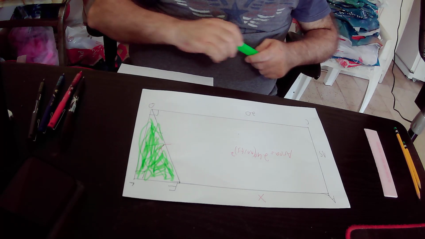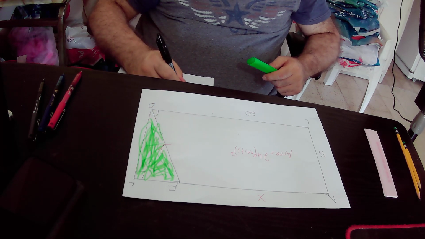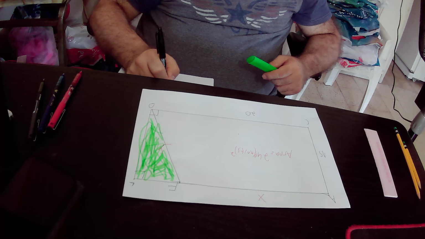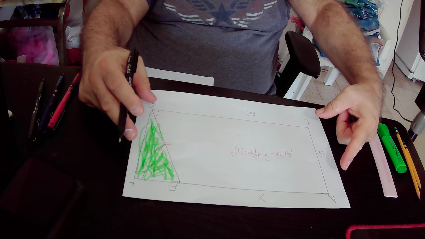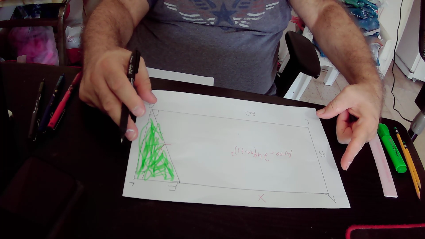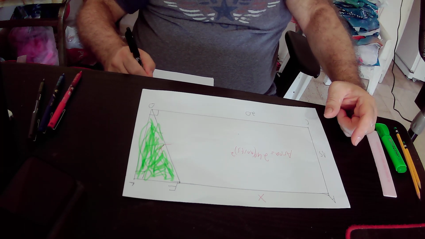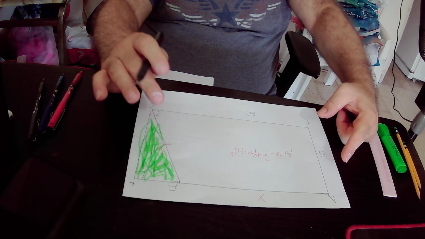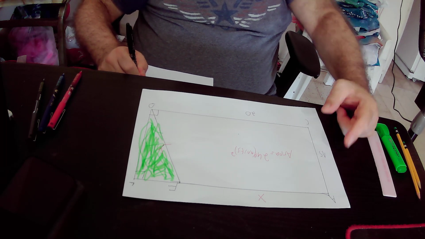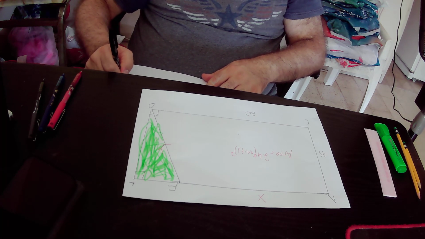So the area of the right green triangle FLD equals the area of the rectangle, 300 square units, minus the area of the white shape, 240 units squared. 300 minus 240 equals 60 units squared.